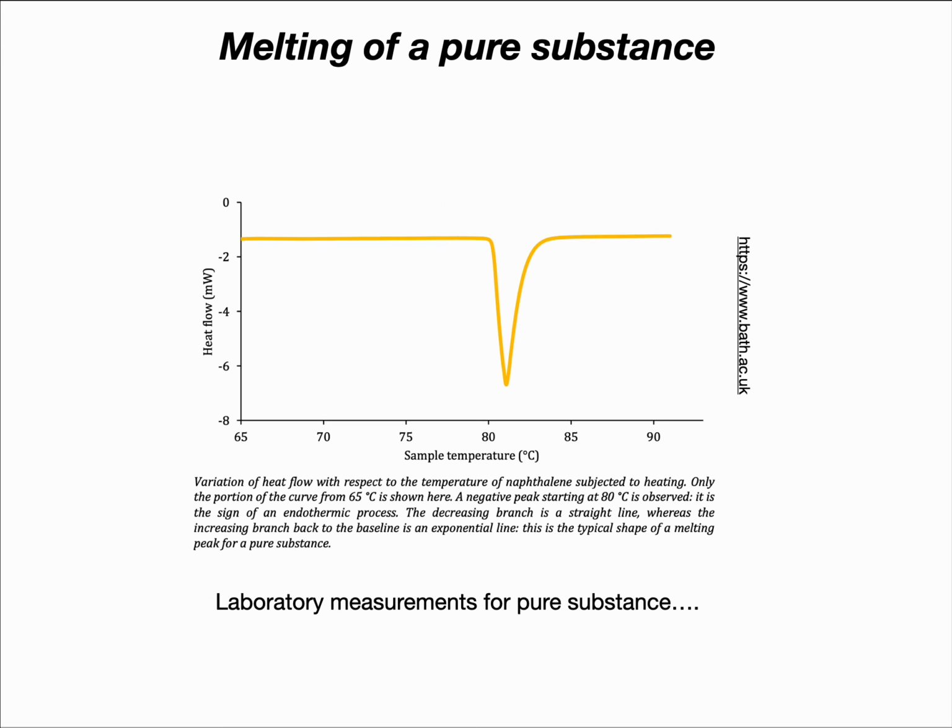Melting of pure substances can be measured in the lab, and you can determine properties such as the delta H of melting. That's an example I took. You can click on this link here. It's actually very nice. It's for the melting of naphthalene. So they do tests in the laboratory, and they measure the heat flow. So they increase the temperature of the sample and measure the heat flow, and you see that you get a negative peak at this moment here.